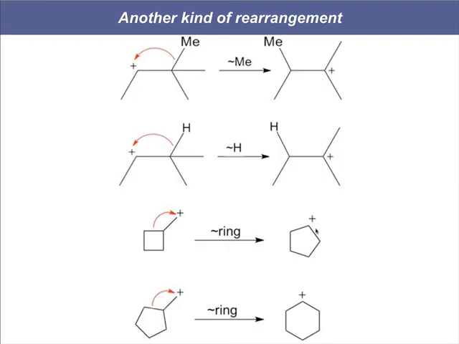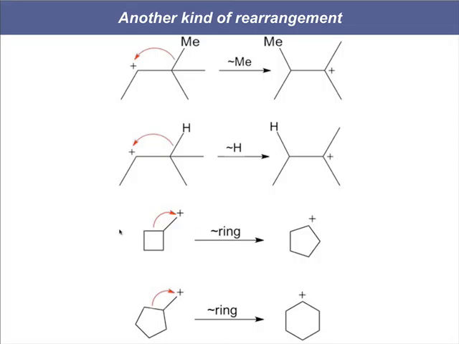Remember what we said in the alkanes chapter, that 5 and 6-membered rings give us nearly ideal bond angles. Smaller and larger rings are strained. They have what we call ring strain and angle strain. So opening up a 4-membered ring and reclosing it as a 5-membered ring is a very good process.